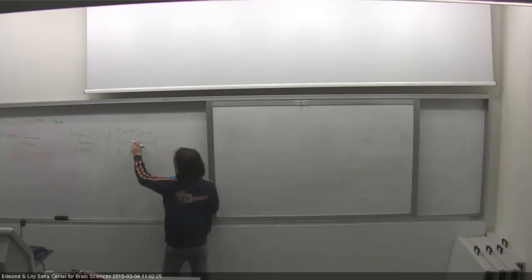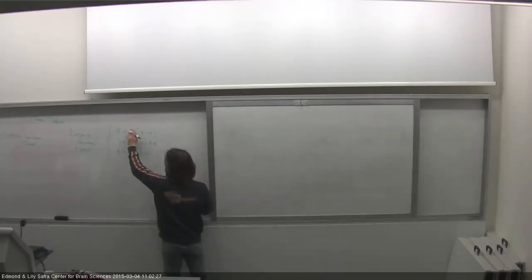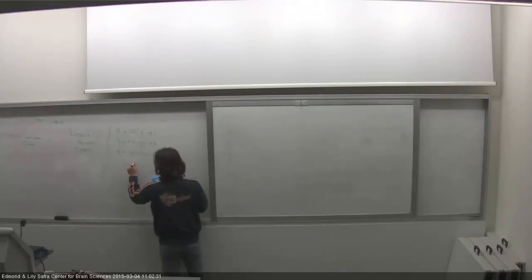And so we have here x, y, and z and different parameters. Sigma is the Prandtl number, and R is the Rayleigh number.